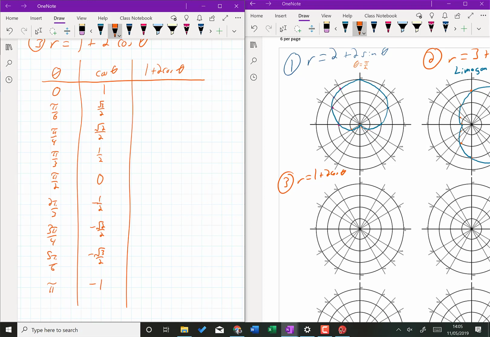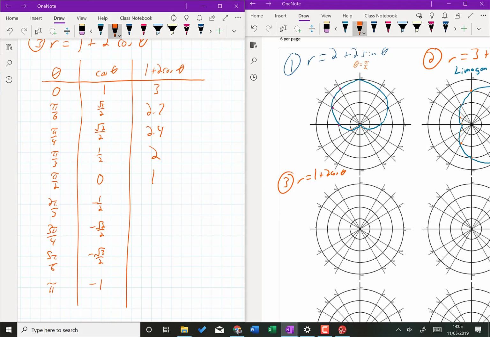1 plus 2, 3. 1 plus root 3, 1 plus 1.7, or 2.7. 1 plus root 2, which is 2.4. 1 plus 1, still 2. World's not broken yet. 1 plus 0, 1.